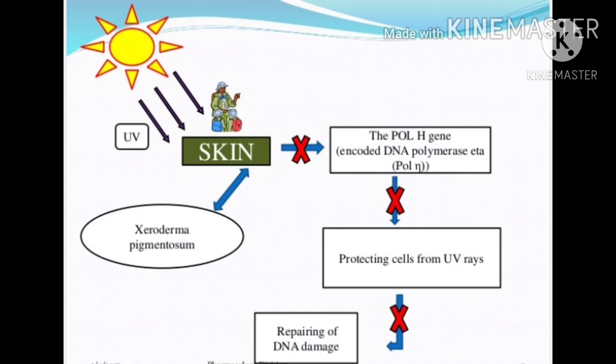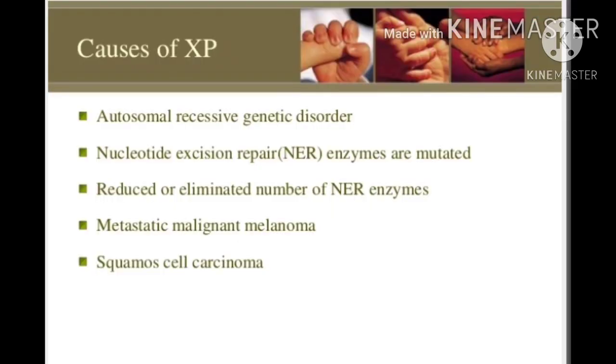This enzyme protects cells from UV rays by inducing proper DNA damage repair. When this gene is not activated, it will cause the genetic disorder, namely xeroderma pigmentosum.